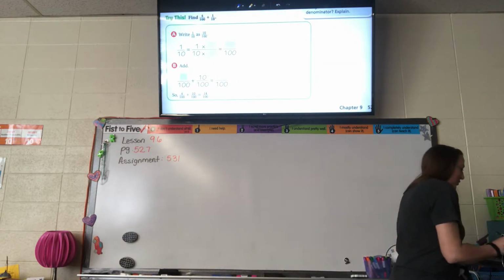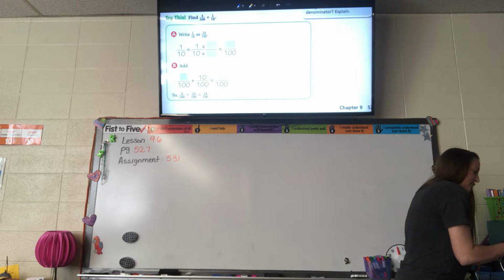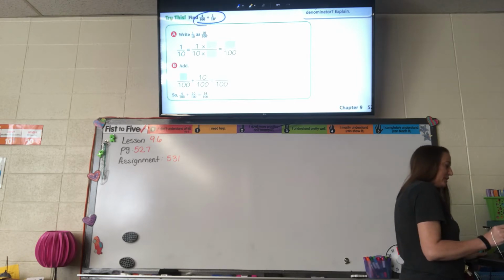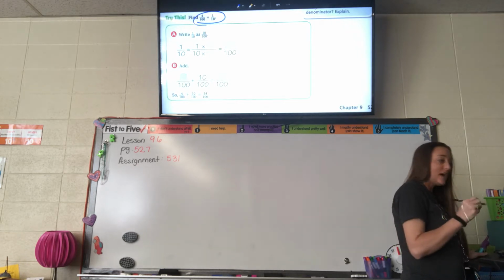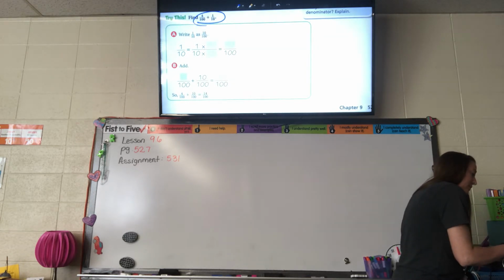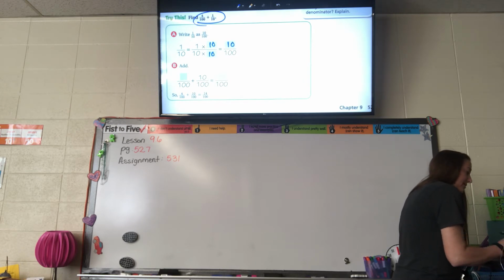Okay, so now they want us on this next one to add 4/100 plus 1/10. In order to turn 1/10 into hundredths, we are going to multiply the numerator and denominator both by 10. That gives us 10 hundredths. So remember, we started with 4 hundredths.